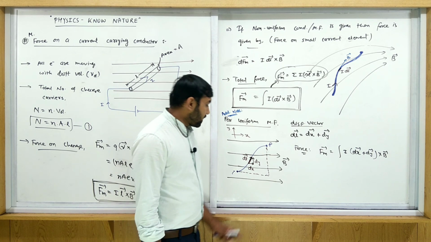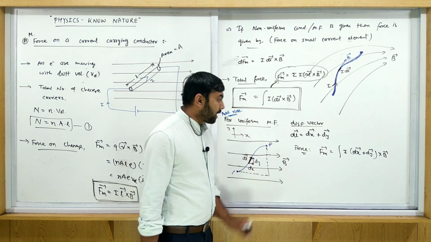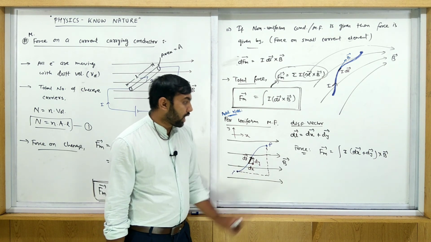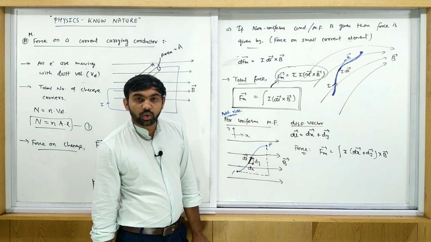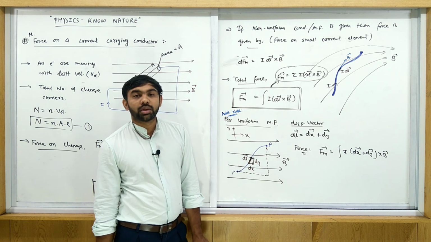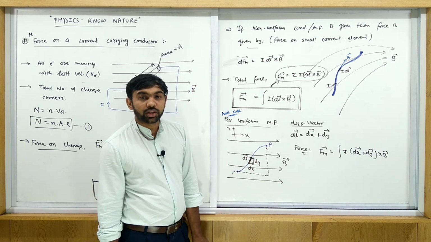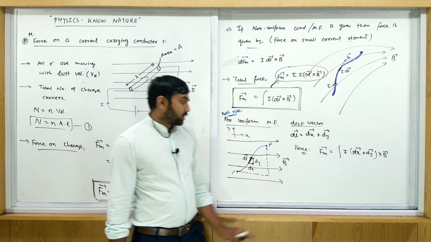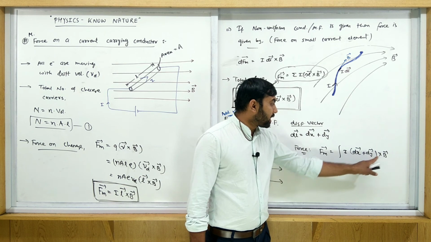But see, dx and B are both in the same direction, so the cross product is 0. But dy and B are not in the same direction; they are perpendicular to each other, so the cross product is not 0. So dx cross B is 0, and only dy is considered.